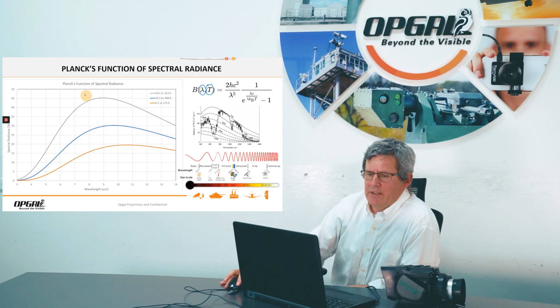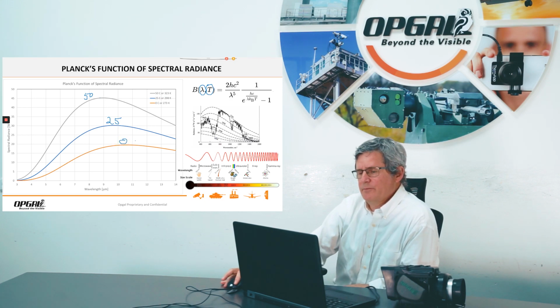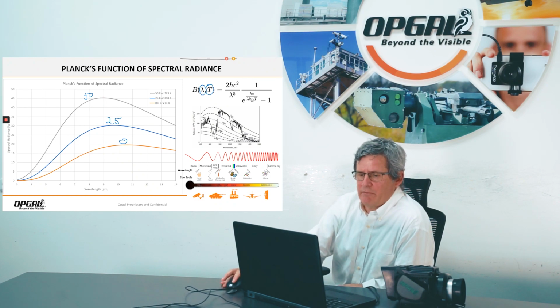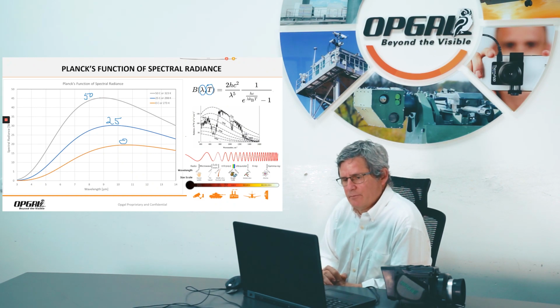I calculated these at 50 degrees, this is the gray curve over here, and at 25 degrees, and at 0 degrees Celsius, centigrade. So, several observations about the spectral radiance Planck function that we can see.